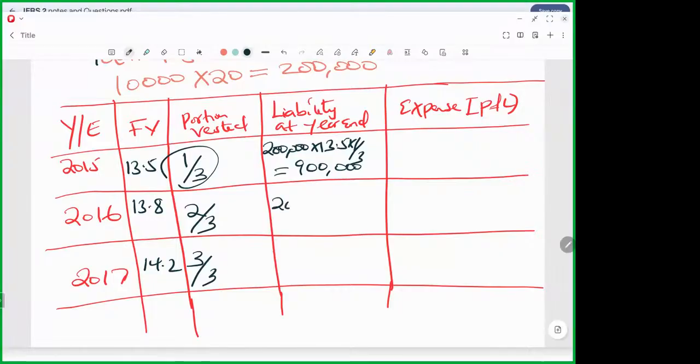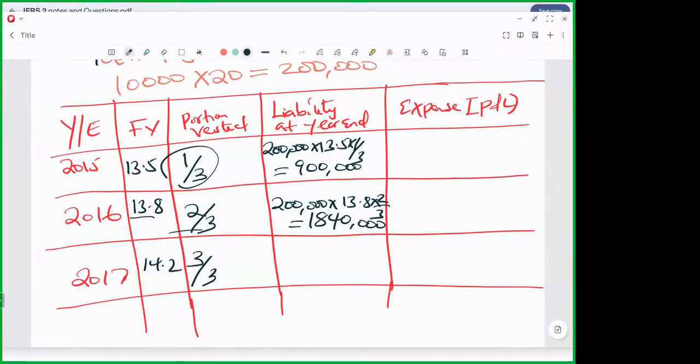Our total shares were 200,000 times this and this times 2 over 3, which then would end up giving us what figure? $1,840,000 from Cyprian. Mary Ann, 1,840,000. Thank you very much.